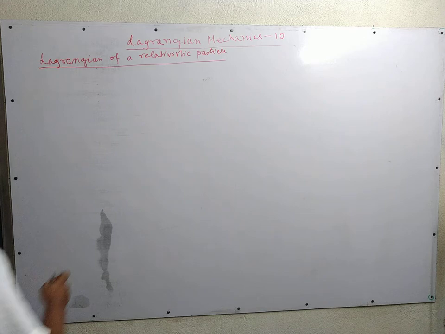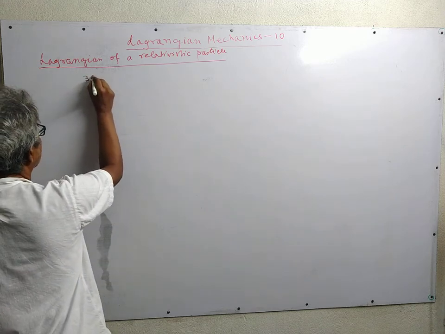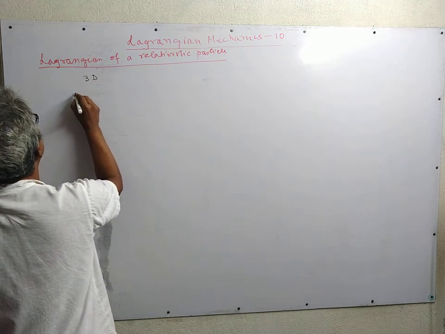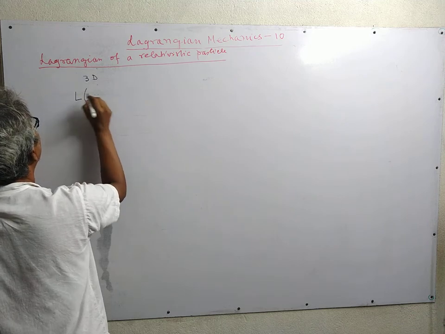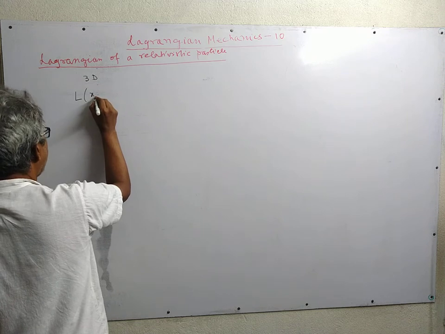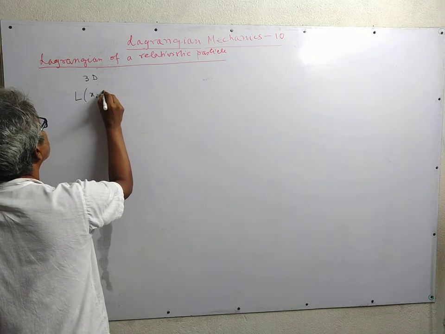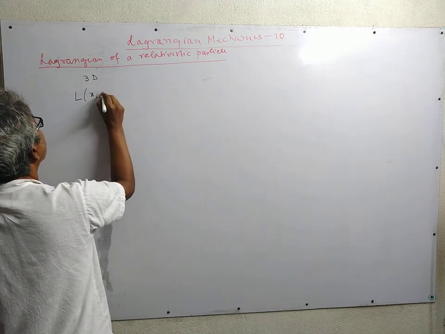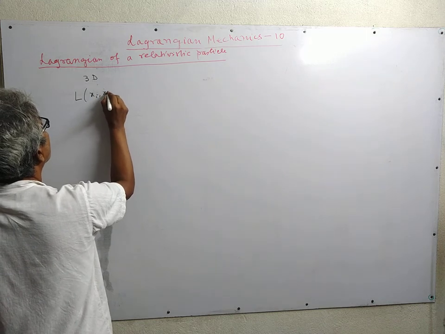In 3D, which we have been dealing with till now, we define the Lagrangian as a function of xi, xi dot and t.